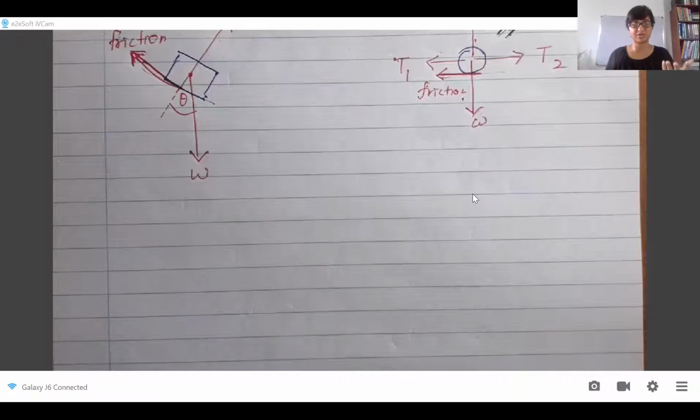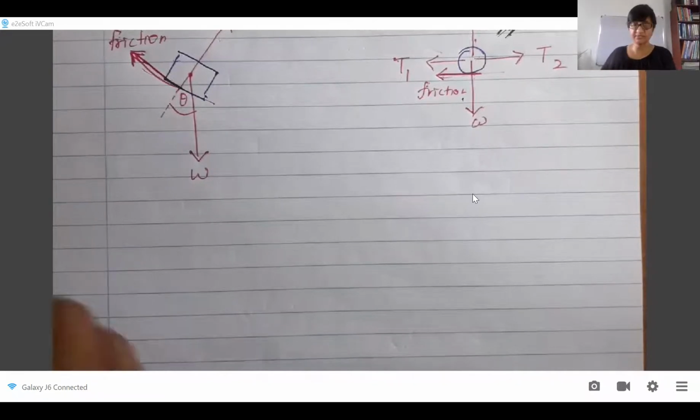The direction matters when you are adding them. For example, two forces acting in the same direction would add up, but with two forces acting in opposite directions, one would cancel part of the other. If they are the same, they will cancel each other completely. So opposite direction would give you a minus sign.